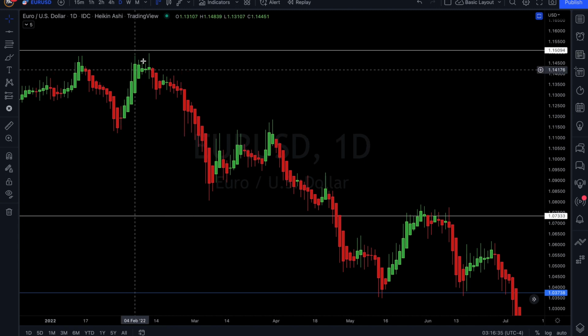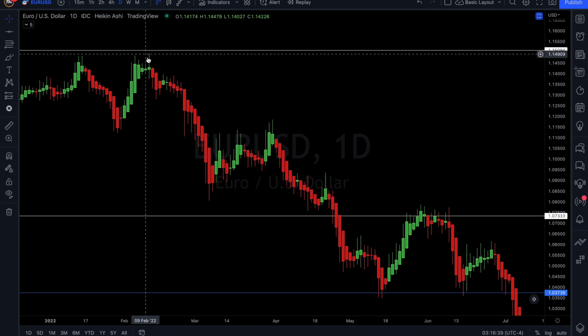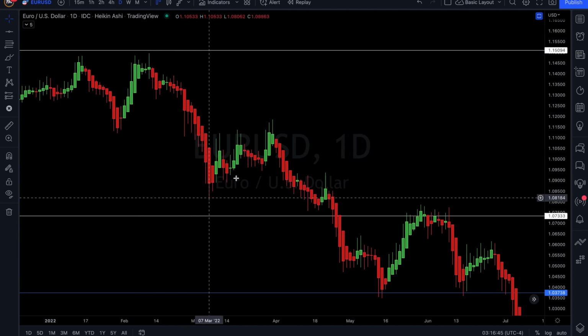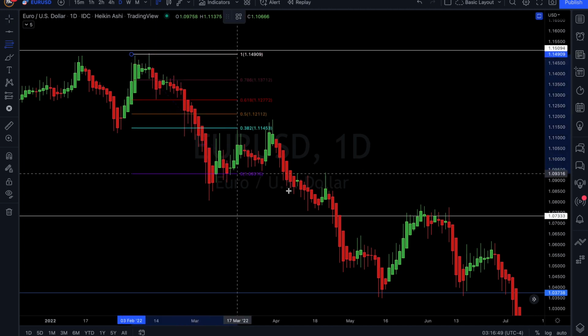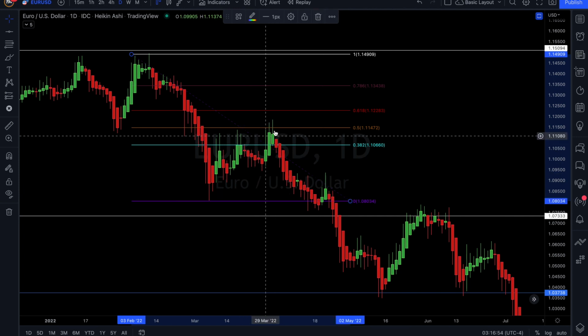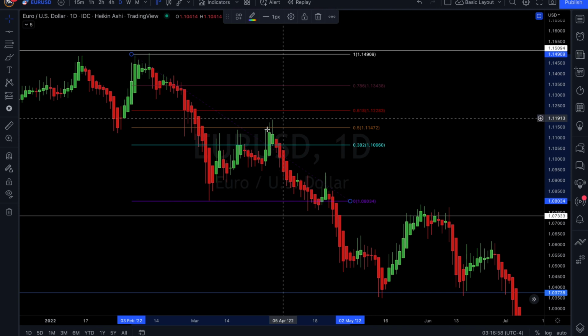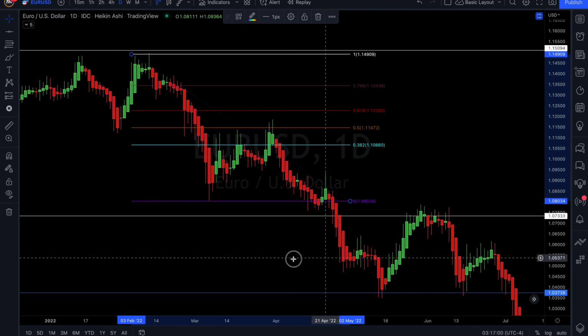Okay, here's another one right here where you're bouncing off of a weekly structure point. You make a strong move and then you have a retracement. Well, if we do that again, pull out the fib, where does it go to? It goes right to the 50 again. That could be an entry point for you, and then you could sell off.